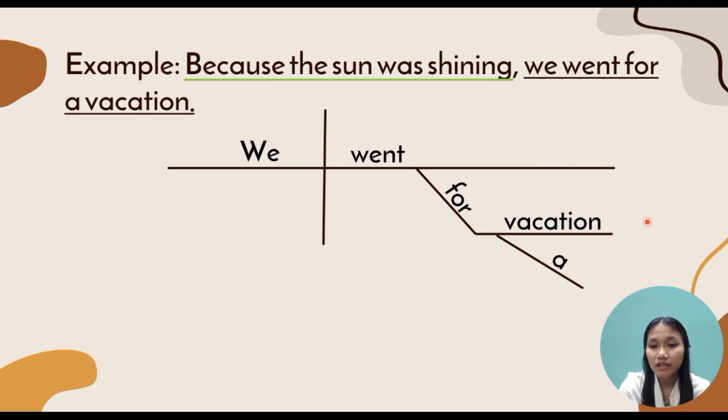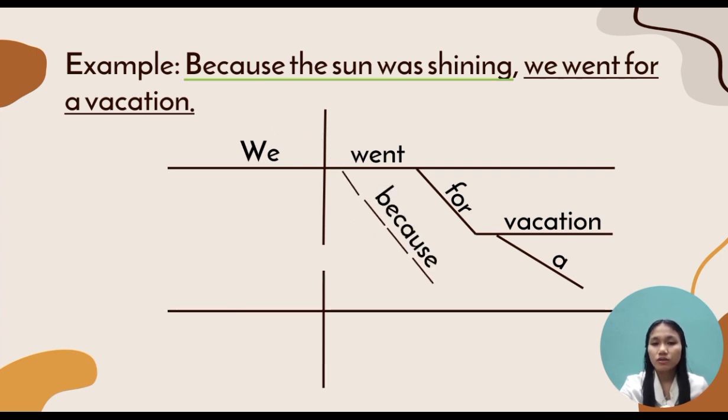Vacation, and then a, is again connected to the word that is further modifying our verb. Because is our subordinating conjunction, so we are going to use a broken line to represent it. The sun is our subject, and was shining is our verb.